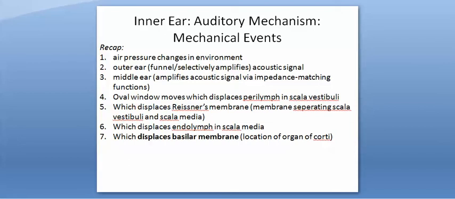When Reissner's membrane is displaced, it displaces the endolymph in the scala media, which then displaces the basilar membrane, which is located in the organ of Corti, the organ for hearing. So those are all the mechanical events that happen in order for this acoustic information to be gathered.